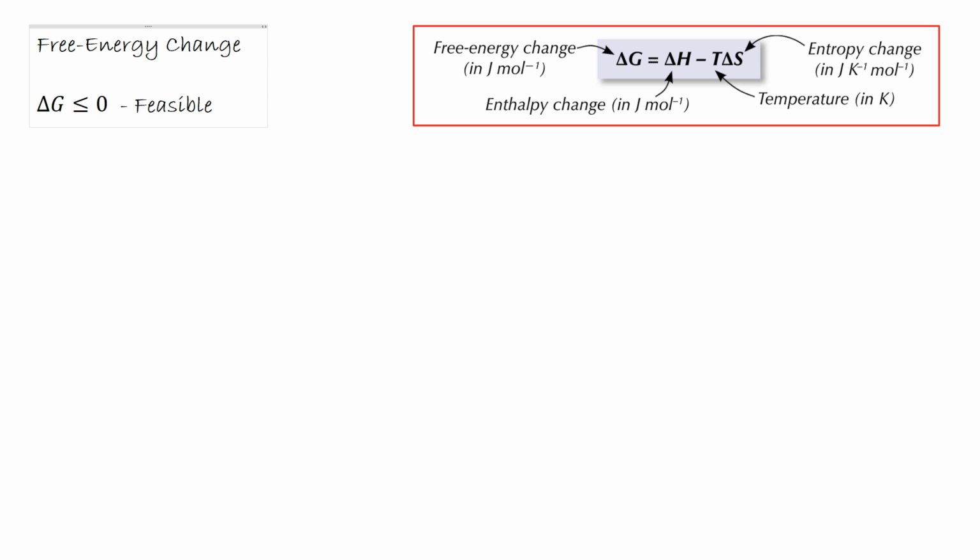By feasible, what we mean is one that once started will carry on to completion without any further energy being supplied to it. Our key point for all of our calculations is that when delta G, the Gibbs free energy, is less than or equal to 0, then we describe the reaction as being feasible.